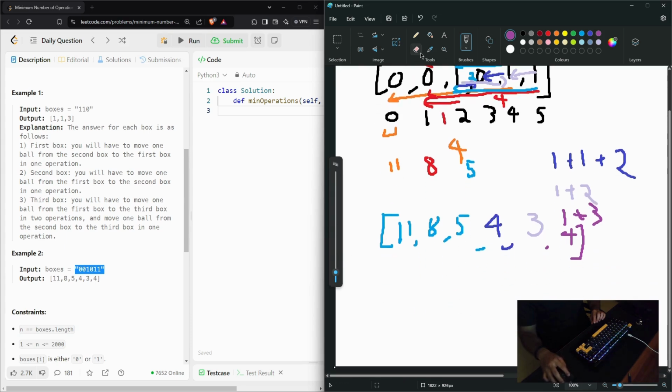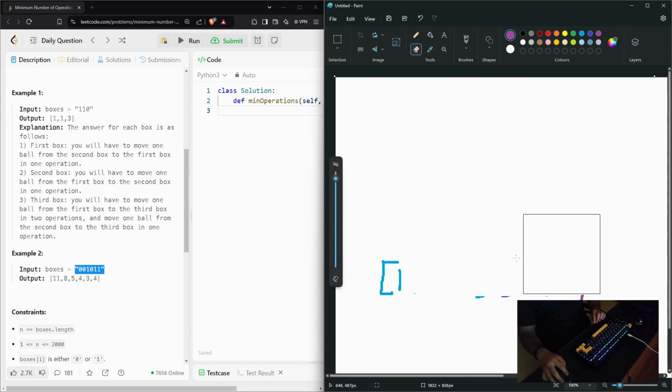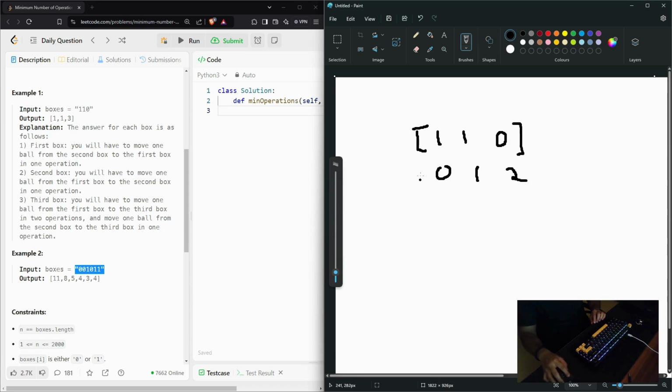If we take the second example, the same thing is taking place there as well. Let me draw that. Again we'll do the same thing, convert it to a list, and we'll have something which looks like this: 1 1 0 at the 0th index, first index and second index. At the 0 index we see a ball is already there, so effectively we are going to move just 1 ball here. So this is 1 unit of work.